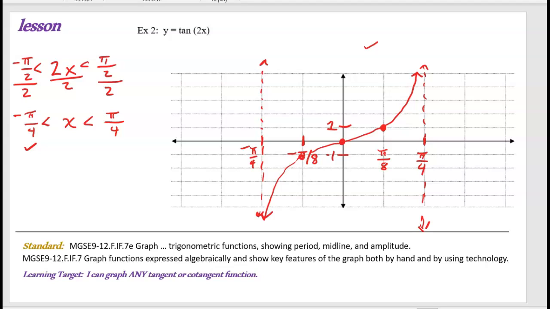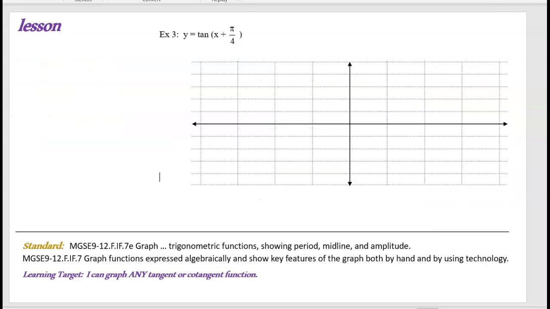All right, one more example where we see a phase shift come in. So A is 1, B is 1, C is pi over 4, D is 0 again. So we set the argument between negative pi over 2 and pi over 2, not inclusive, not equal to.